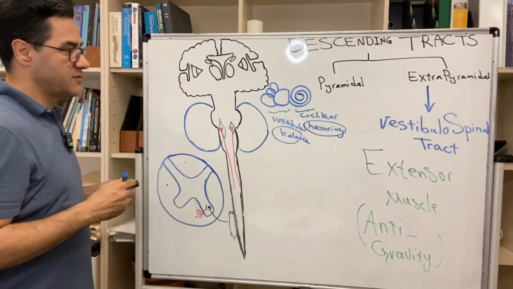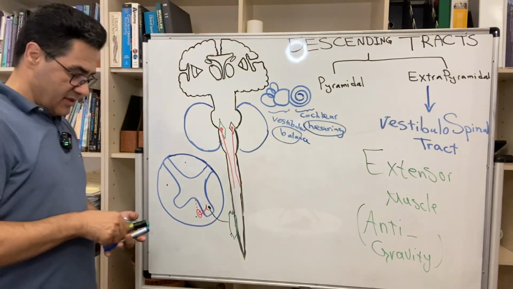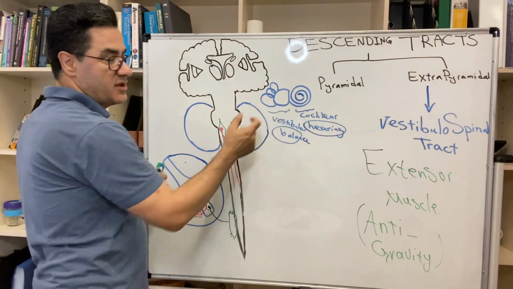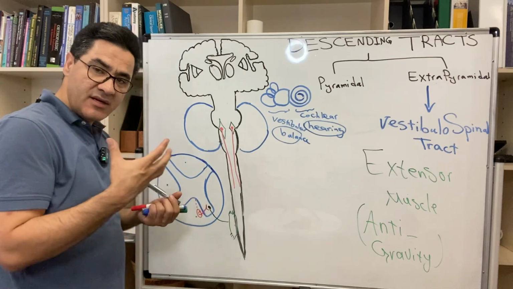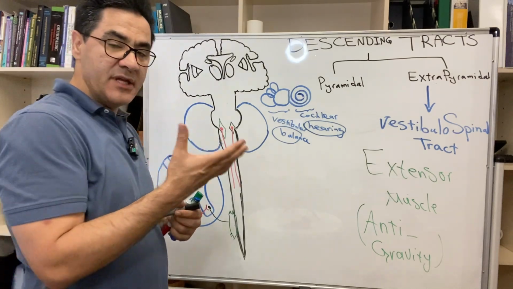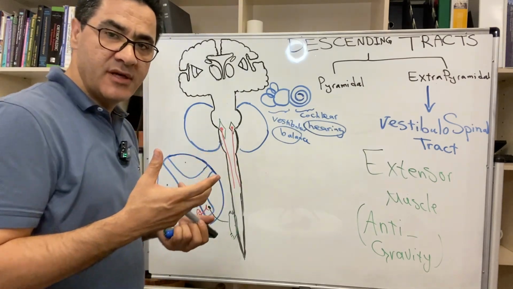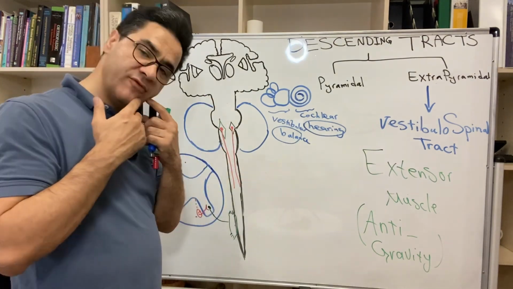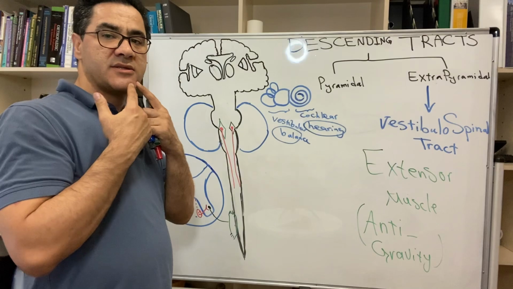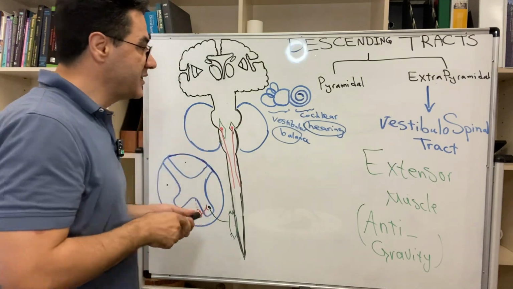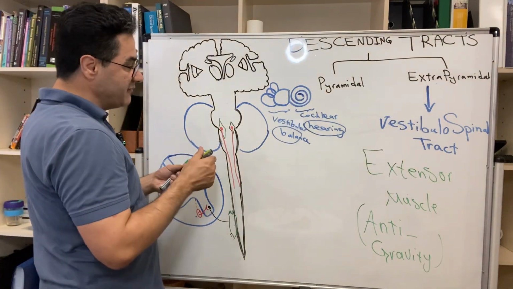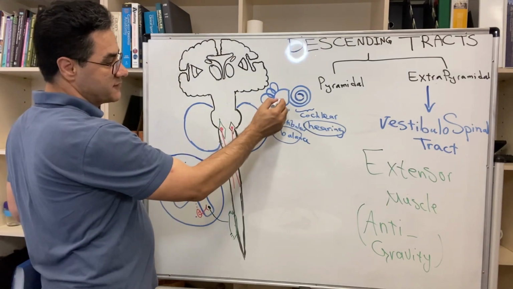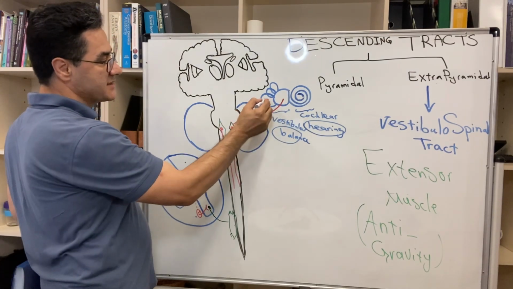So what's going on? When you are losing your balance, in the vestibular part of the inner ear there are some fluids, like perilymph and endolymph. They're moving related to the movement of your head and neck. So we have different movements, and they will send some information to the vestibular nucleus through cranial nerve 8.